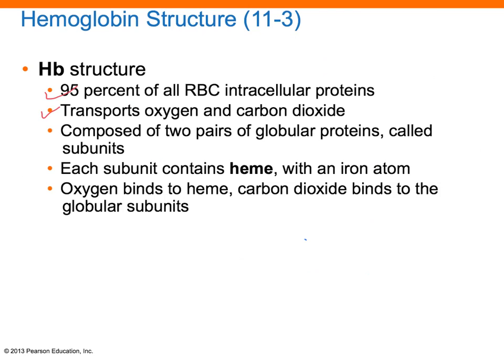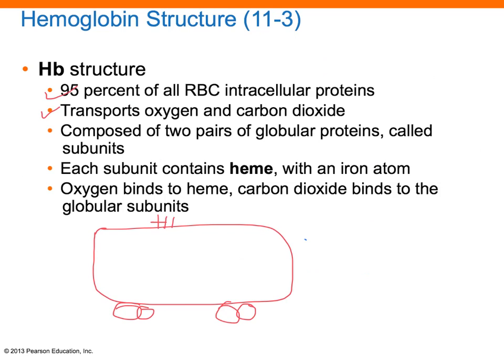I like to think of the hemoglobin as a big bus, which let's just kind of draw. You guys know how wonderfully I draw. Okay, so that's your bus. And this is actually hemoglobin, and I'm just going to write Hb. So it's our hemoglobin bus.